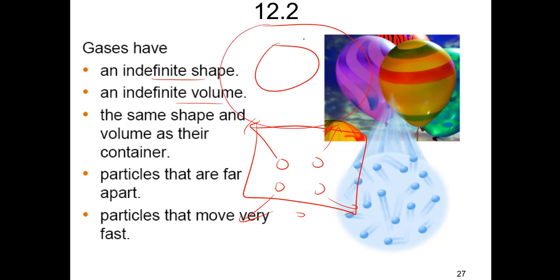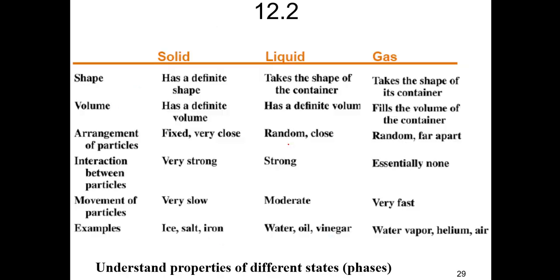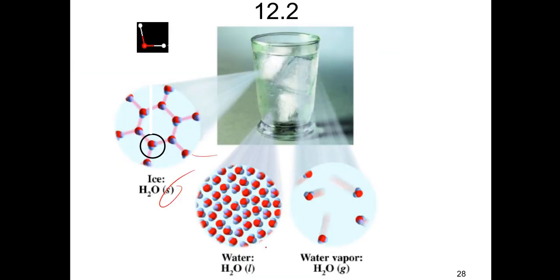Or if you're on planet Earth, for those lucky people, gas particles can rely on gravity, so G for gravity, to make sure the particles don't fly off and keep it close to Earth. So some other external force. So solid, liquid, and gas.